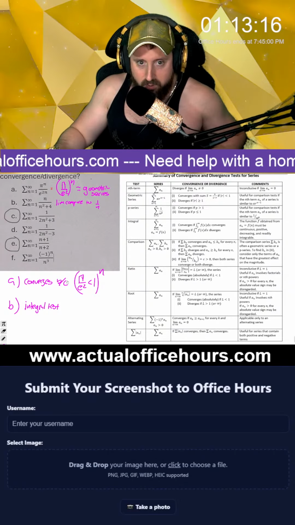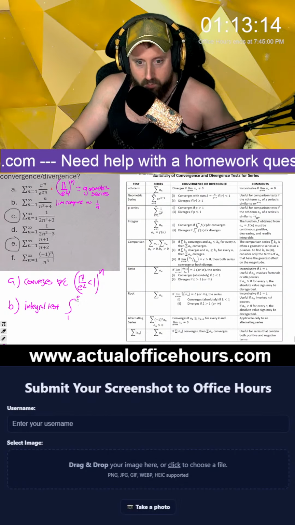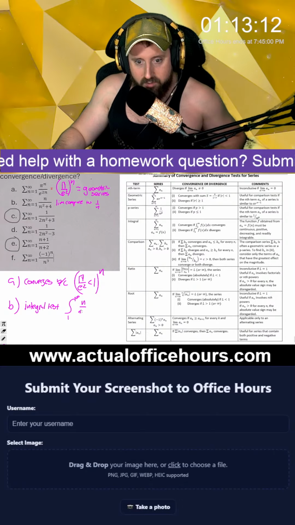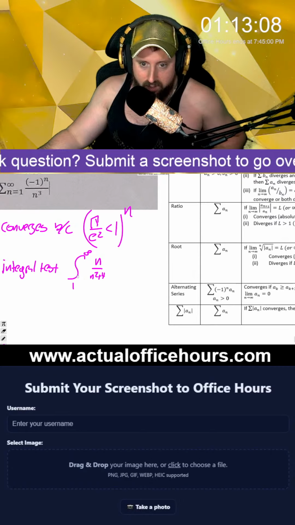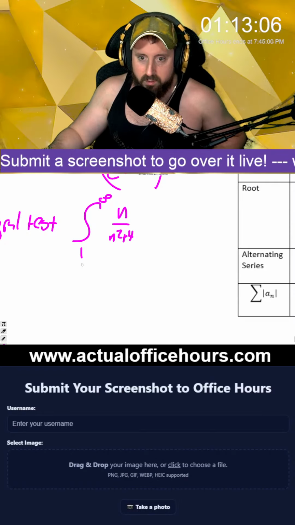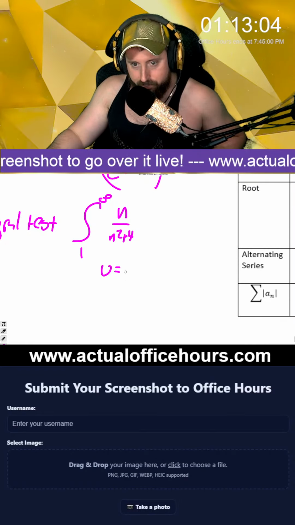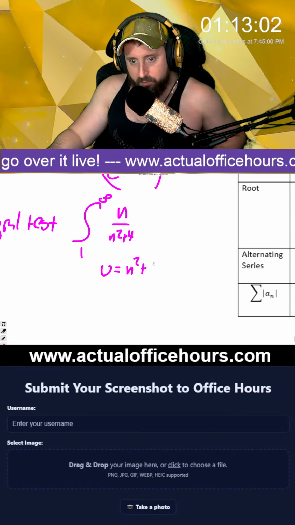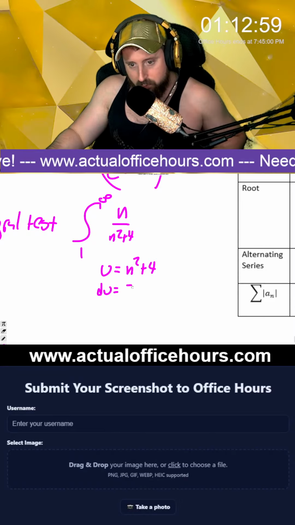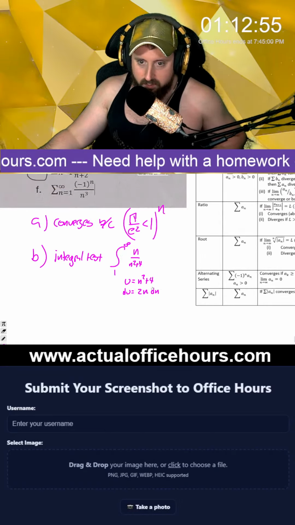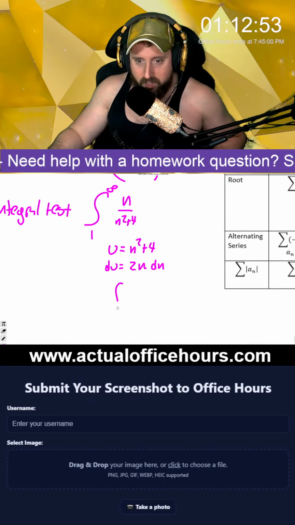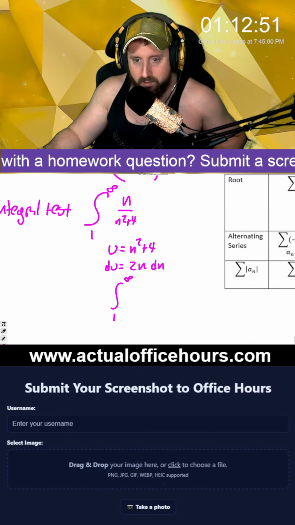And the way you do that is you do the integral from like 1 to infinity of n over n squared plus 4. And so this is a u-sub situation. You say u is equal to n squared plus 4, so du is equal to 2n dn. So then this is equal to the integral from 1 to infinity.